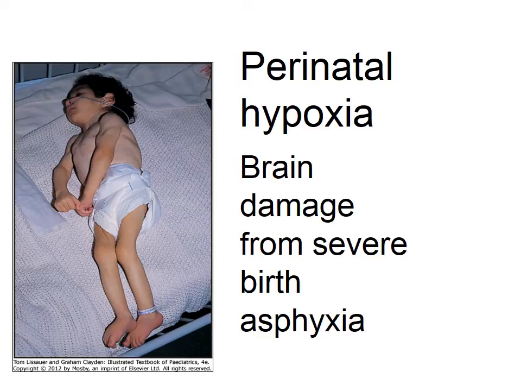So if there's perinatal hypoxia due to a difficult delivery or due to the baby not being properly oxygenated after birth, if they don't start breathing at an early stage, then there can be brain damage which can be irreversible. This can result in all sorts of permanent neurological deficit, such as cerebral palsy or lifelong learning difficulties. So perinatal hypoxia is one we would want to go to extreme measures to prevent.